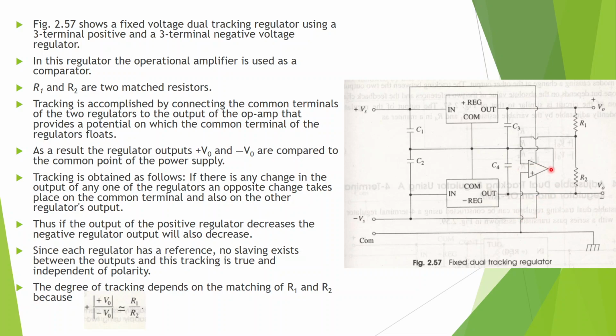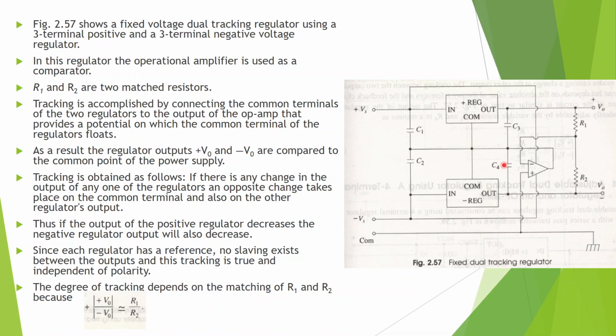The output of this op-amp is connected to the common terminal, that is, the ground terminal of both the ICs. As a result, the difference in the output voltage will be reflected in this ground terminal. So the positive output and the negative output are both compared to this common point.